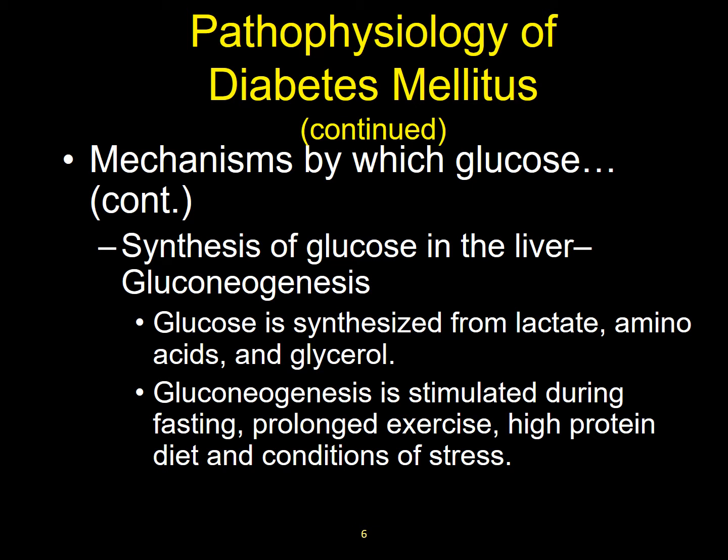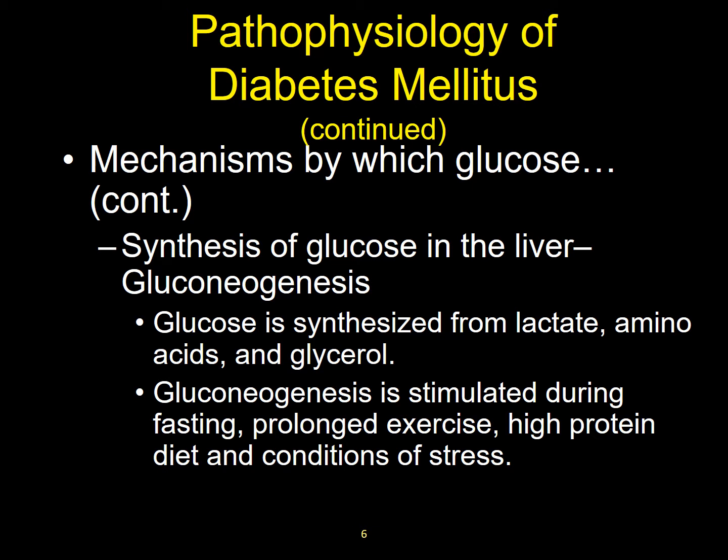Gluconeogenesis is the mechanism by which your liver synthesizes glucose. It makes it from non-glucose precursors. So you could never eat another carb in your life. People go on these carb-free diets and live on lettuce and chicken or something, I don't know. It's just silly, because if you don't eat carbs, your body will make it. Gluconeogenesis, just like the name says, sugar, new birth.